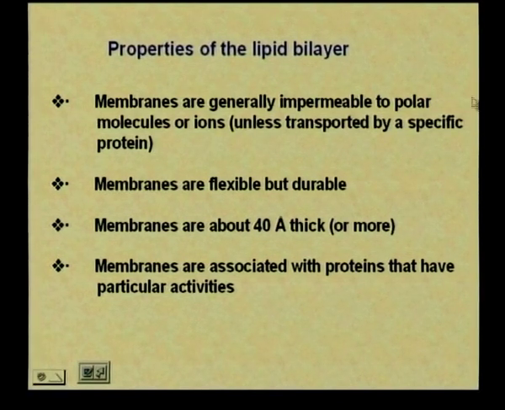We will see how we can have active transport or passive transport. The membranes themselves are flexible, but they are very strong and durable. They do not just rupture. Membranes can be about 40 angstroms thick or even more than that, and membranes are associated with specific proteins that have definite activities.